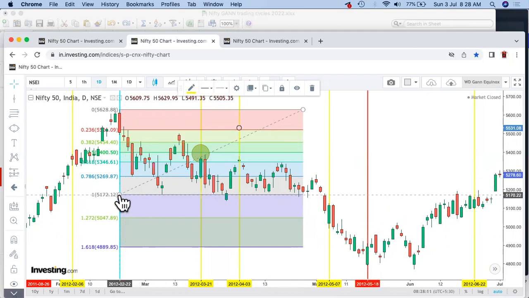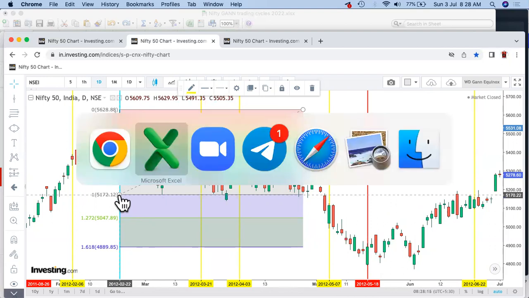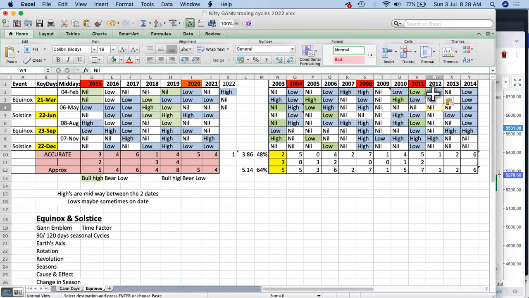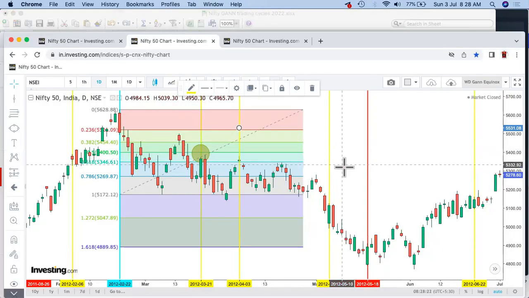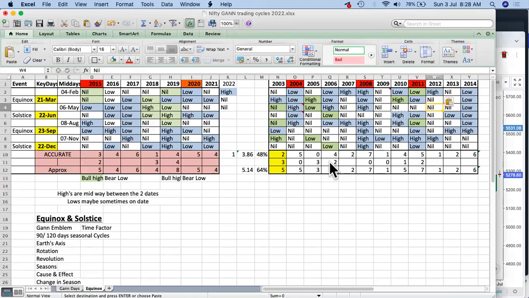Okay, so let me make this change. 22nd. No, that is 4th of February. 4th of February, change has been made. And we come down to now this date of 6th of May. Again, adjustment of low.